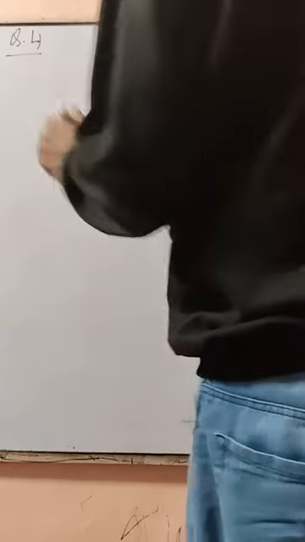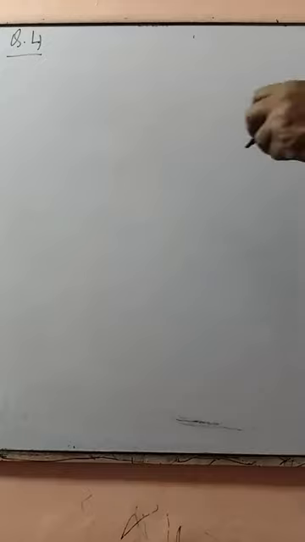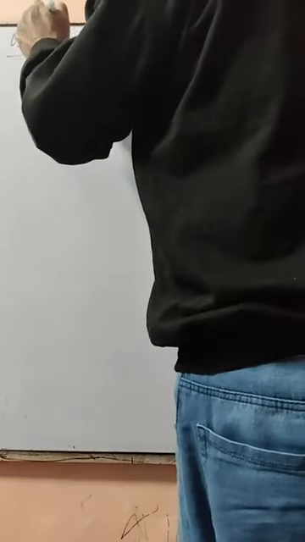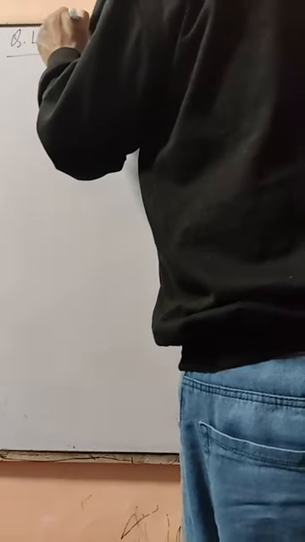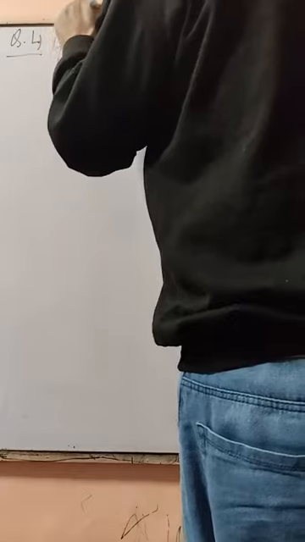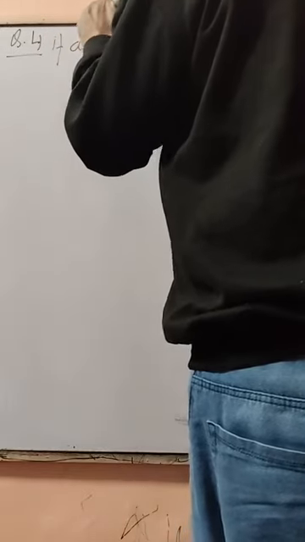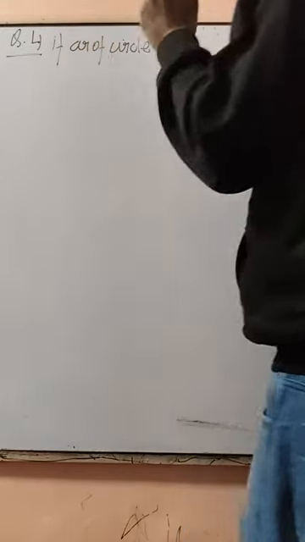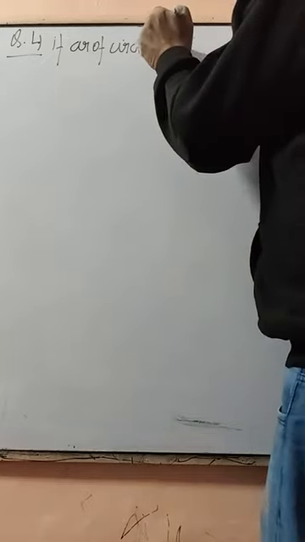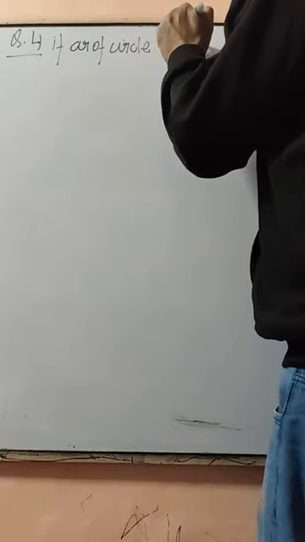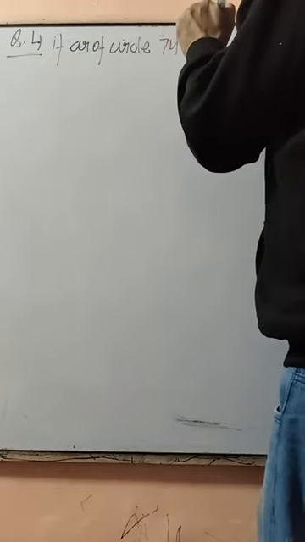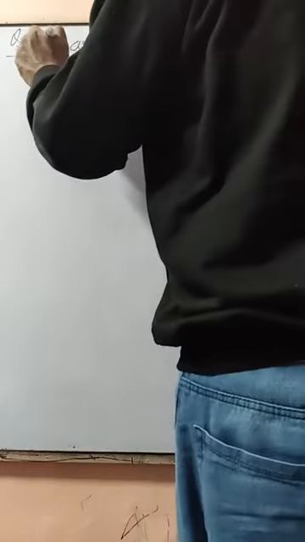If the area of a circle is 78.5 centimeter square, find its circumference.